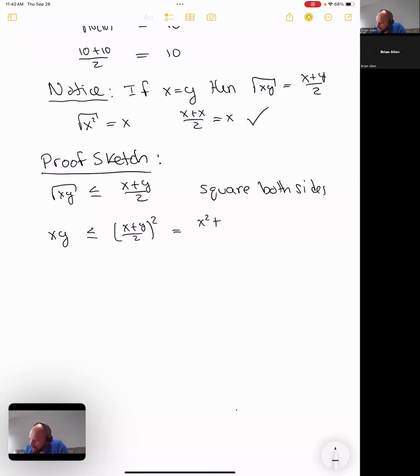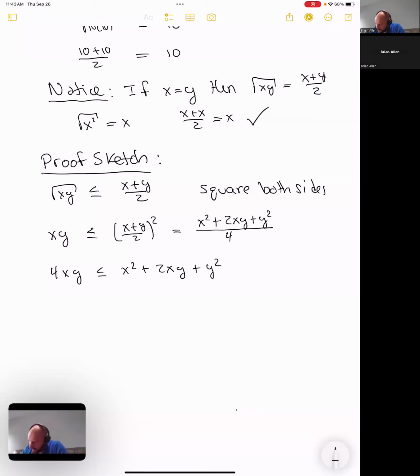And I get x squared plus 2xy plus y squared, all over 4. Okay, good. Now, if I multiply both sides by 4, I get 4xy less than x squared plus 2xy plus y squared.